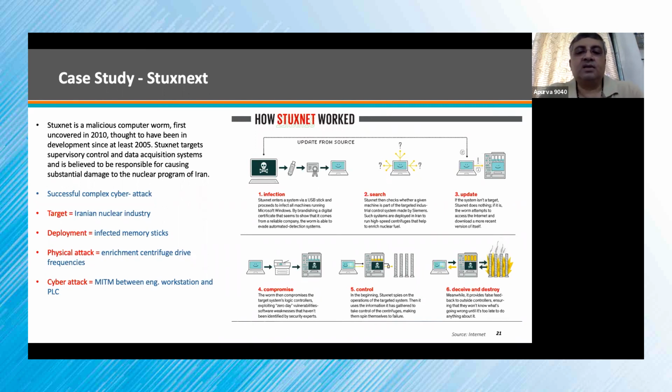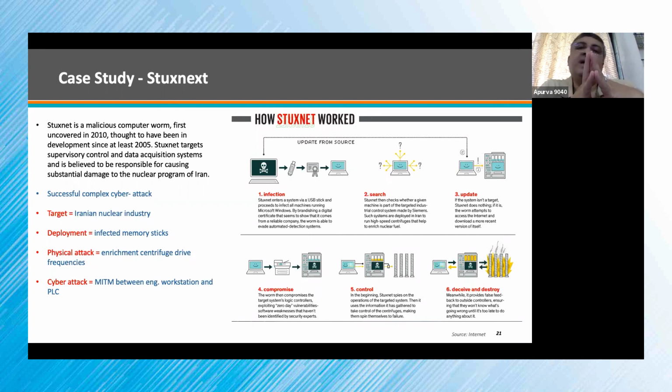Once privileged access was gained, it compromised the zero-day vulnerability of the controller. Once it got access to the controller, there was a loss of vision, the thing I spoke about: I can show you what you want to see, but behind the scenes I will make the changes I want. So it is deceive and destroy.